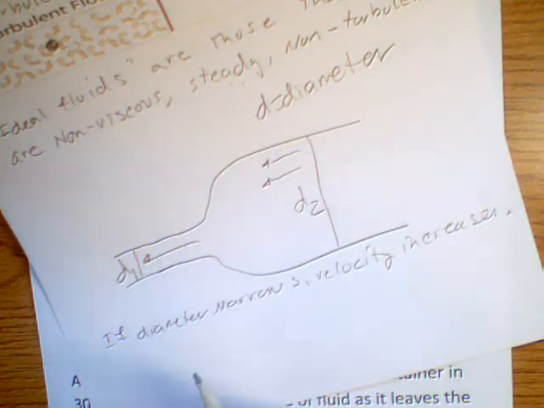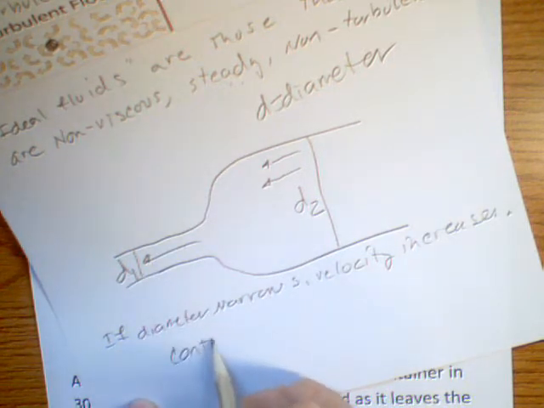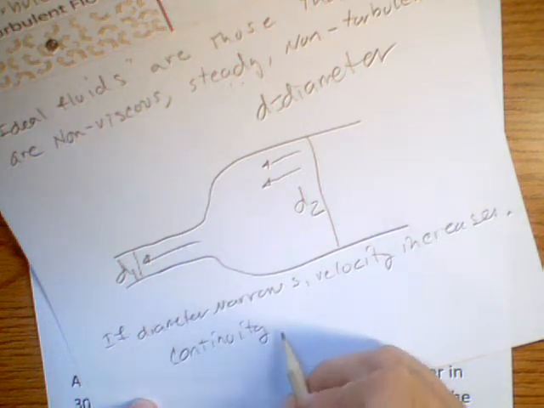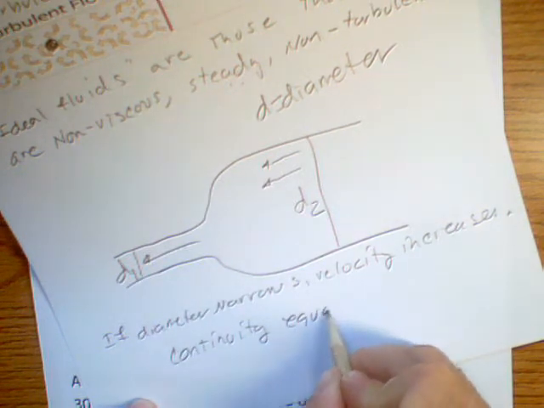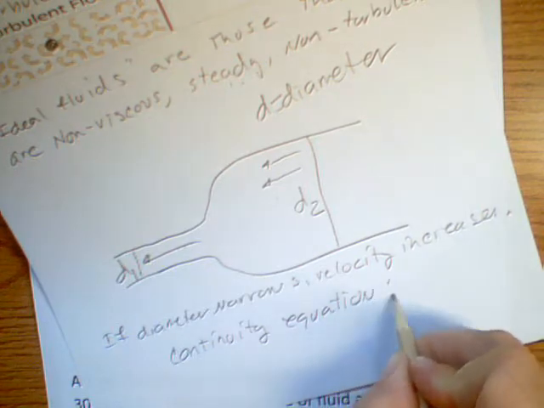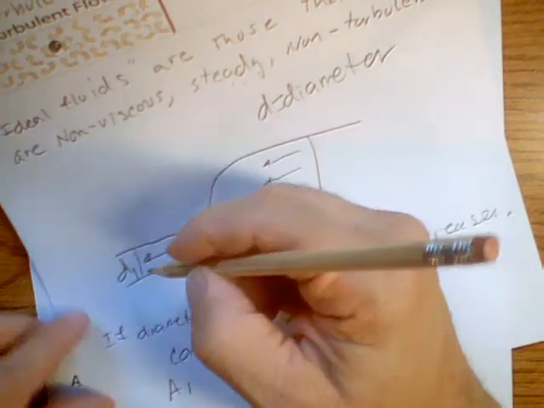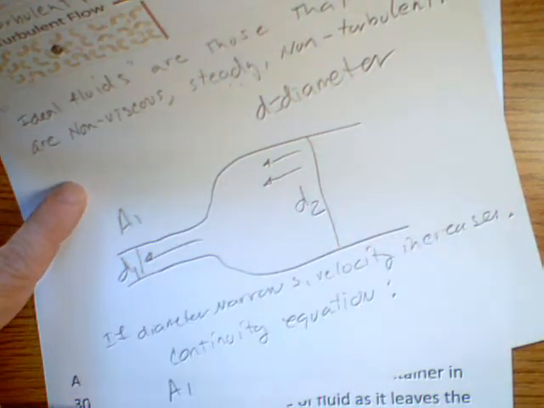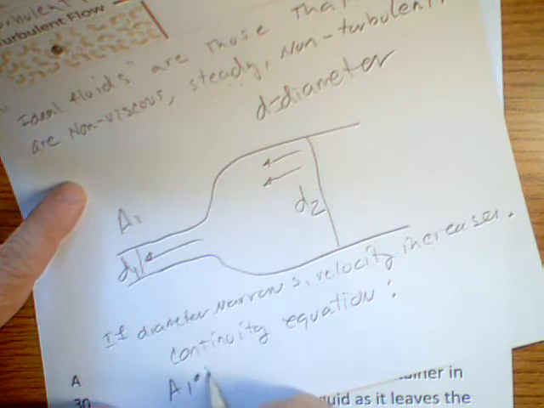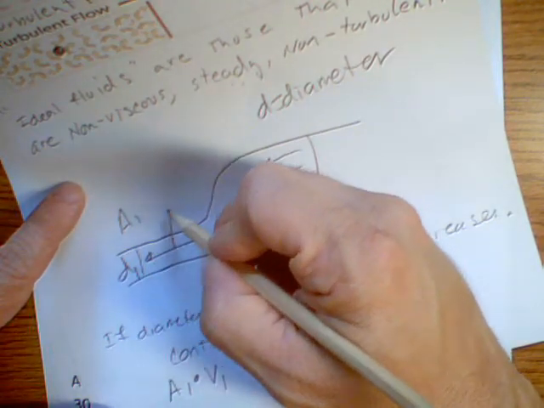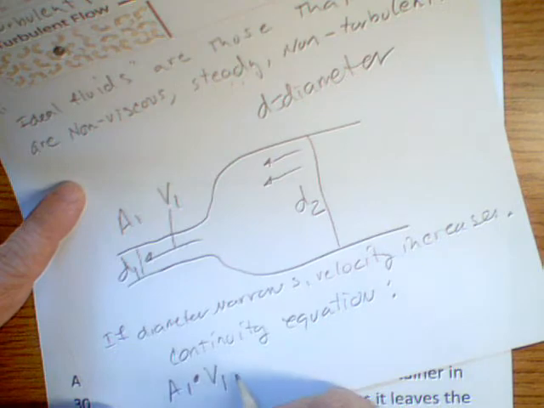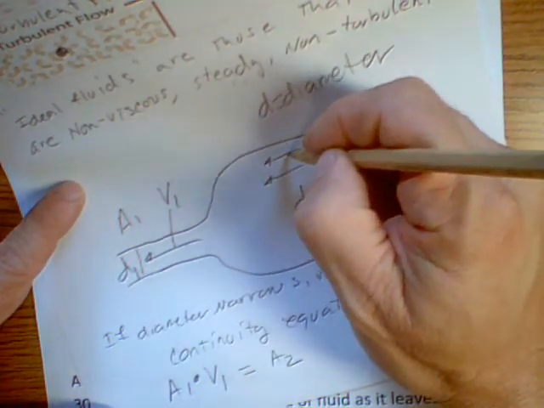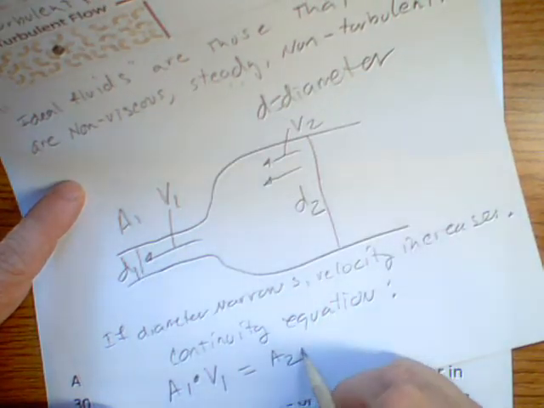Okay, so from this we get what's called the continuity equation. Assuming that it's an ideal fluid and assuming that it's a closed system, we have area 1, which we get from the diameter, times velocity 1, and we get velocity from our vector, equals area 2, which we also get from the diameter, multiplied by velocity 2.